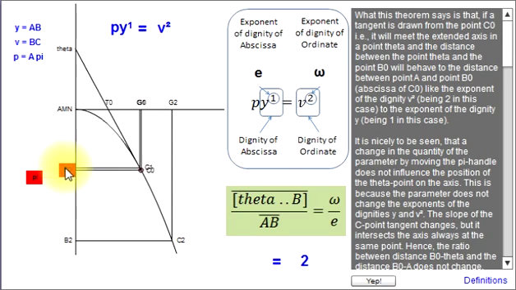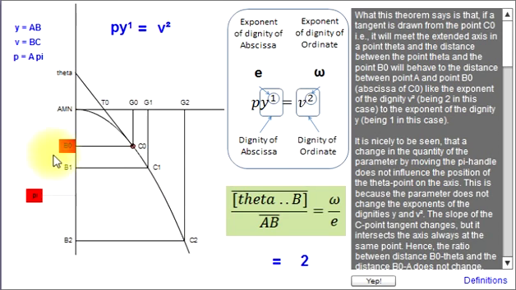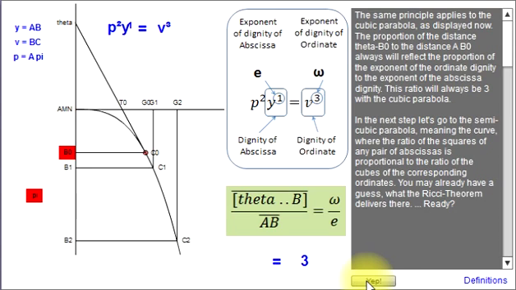And he also discovered that this is not only true for the parabola, but basically for all the paraboloids. And we're now going to look at this for the cubic parabola, for instance. Let's say we have a cubic parabola like this one now. It is described by the analytical expression of the parameter squared times the abscissa equals the cube of the ordinate.